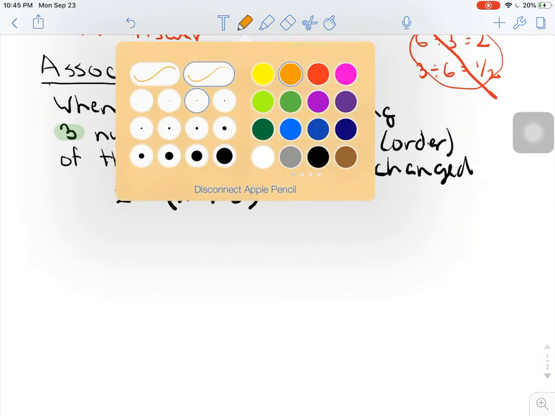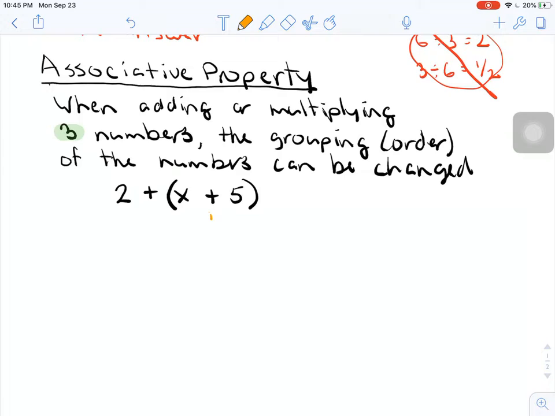Now, order of operations tells me that I would have to do the x plus 5 first because I have to start in parentheses. And then I would do the 2 second. So my order of addition would actually be x plus 5 plus 2. The associative property says that I can add in any order that I want to add in. So if I wanted to change the order, I could move the parentheses somewhere else to change the order of the problem.